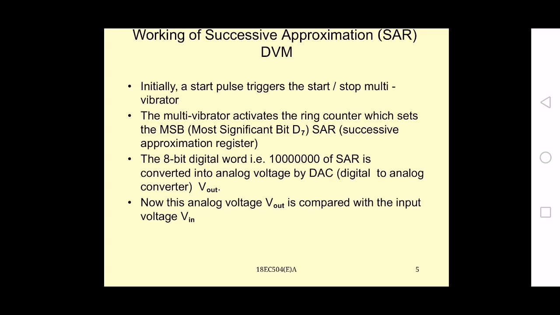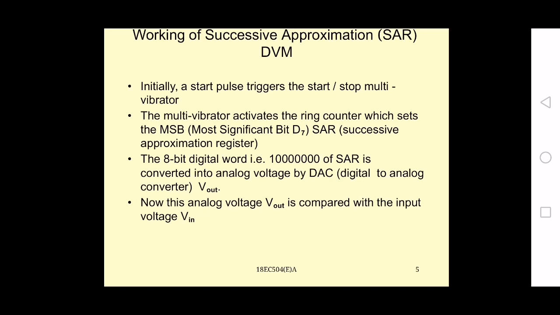Then the start and stop multivibrator will issue a start pulse, which will set the most significant bit in the ring counter. So it sets the MSB of the control register to 1 and all other LSBs to zeros. So the successive approximation register contains 1 followed by 7 zeros, and this is given to the digital to analog converter.